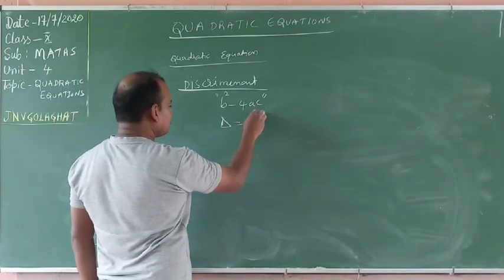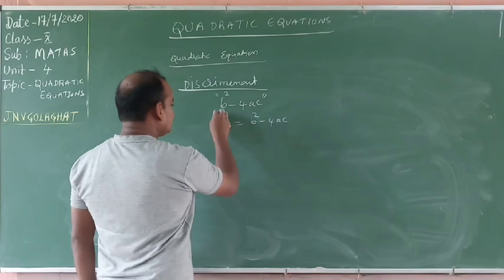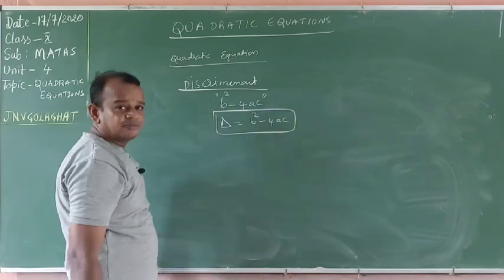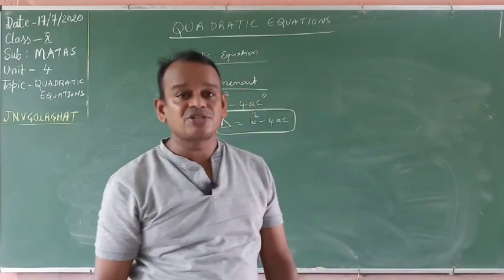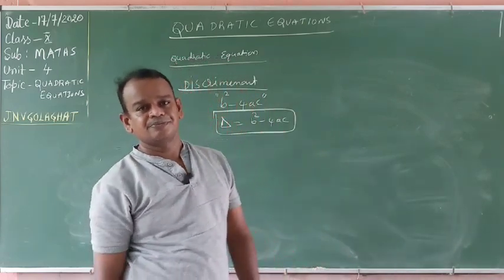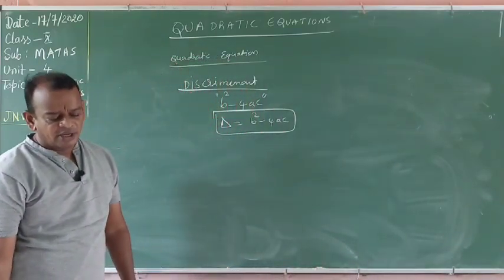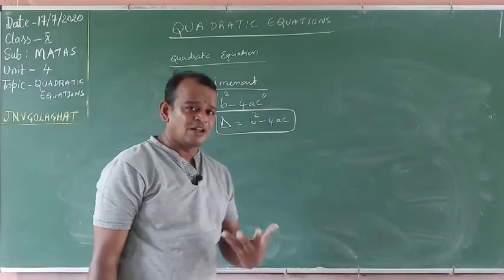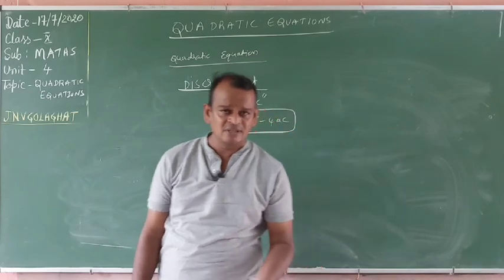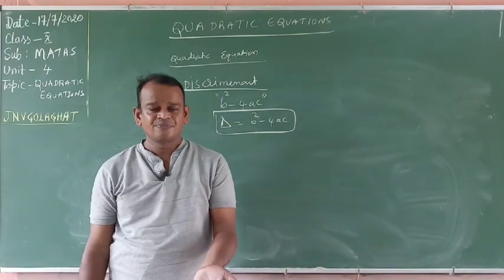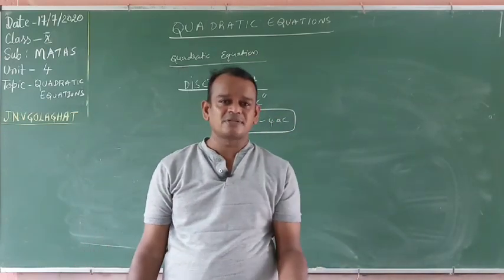Delta is equal to b square minus 4ac. By using the discriminant, we discuss the nature of the roots. Nature means the value of x. What are the values of x? x is either real numbers or complex numbers.